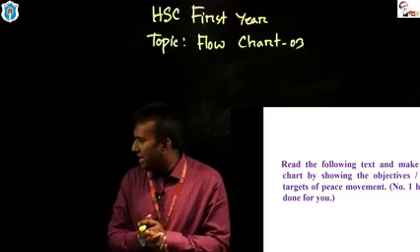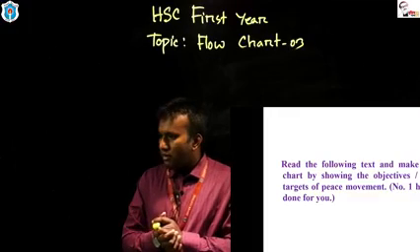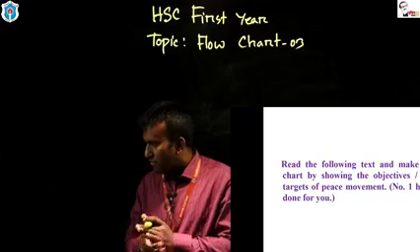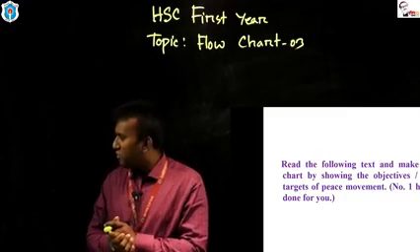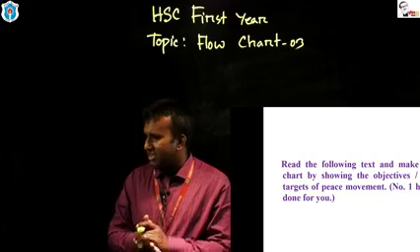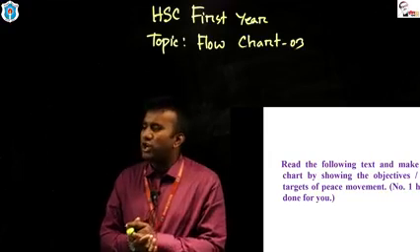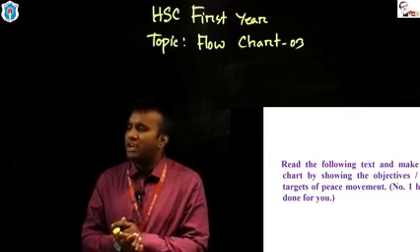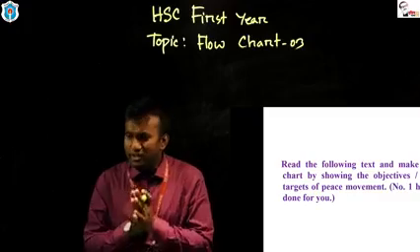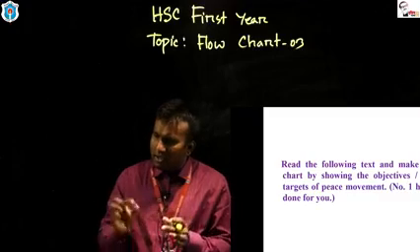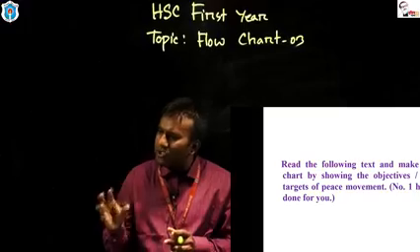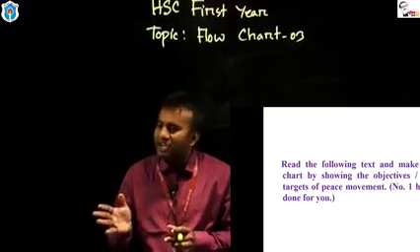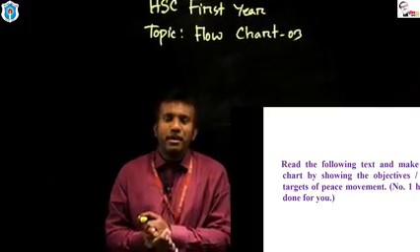Here the headline is... okay. Here the question is, read the following text and make a flowchart by showing the objectives or goals or targets of peace movement. Dear students, I am going to repeat. Read the following text and make a flowchart by showing the objectives or goals or targets of peace movement.